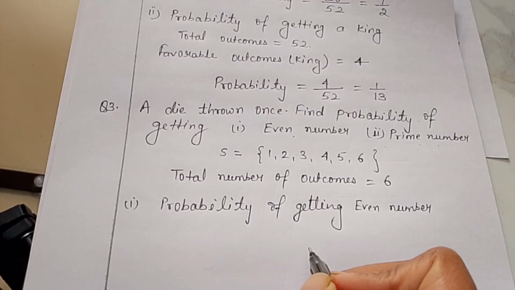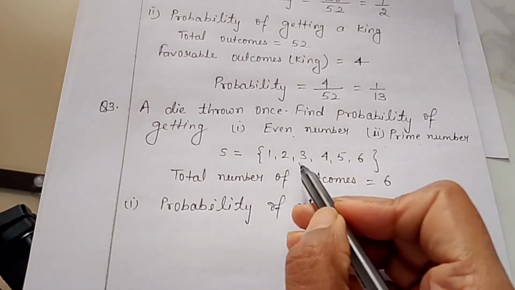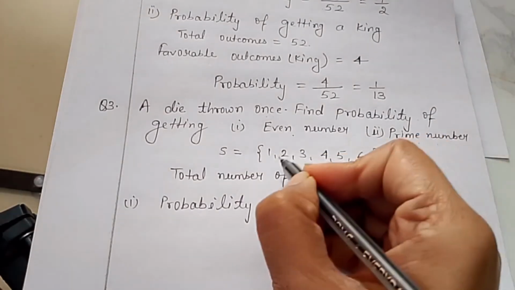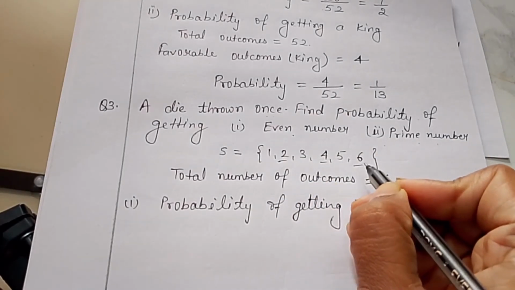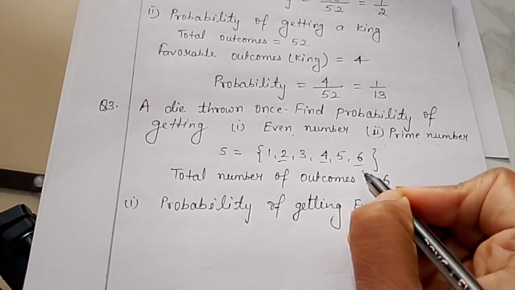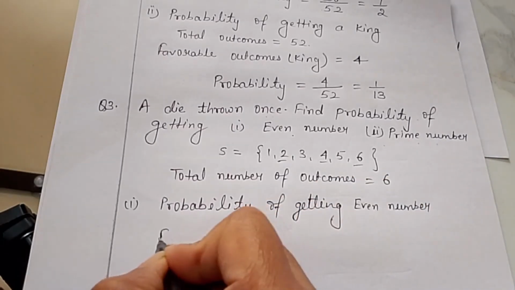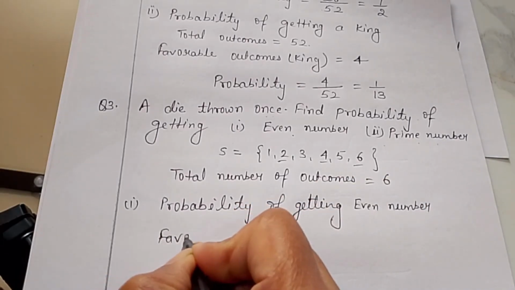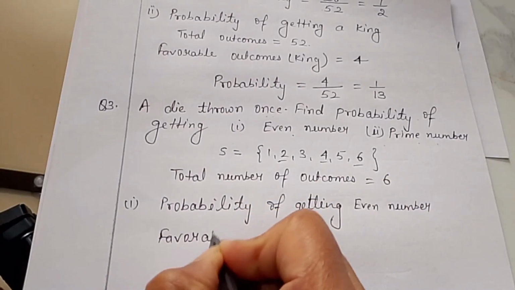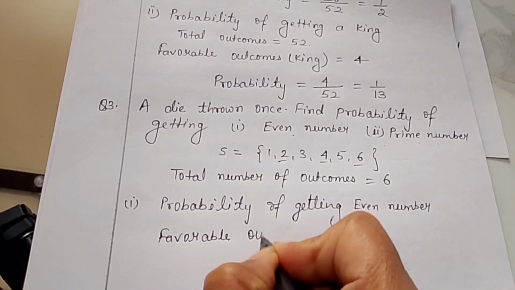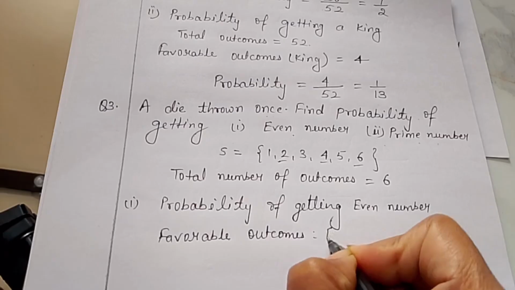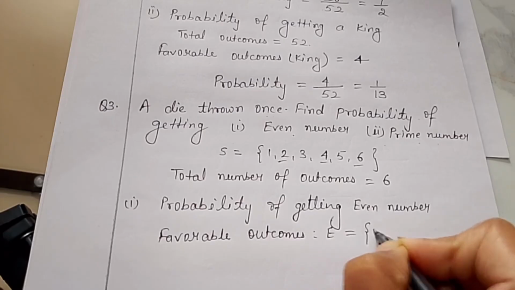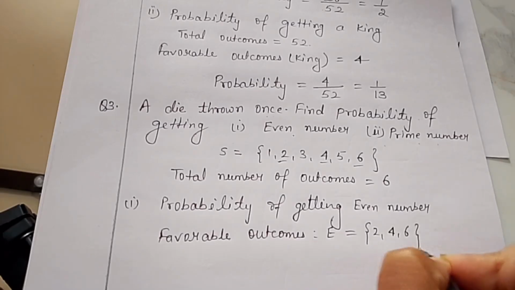Step 2 is calculating the probability of an even number. Now let's look for even numbers. In that set we have 2, 4 and 6. That gives us 3 favorable outcomes. Favorable outcomes E is equal to 2, 4, 6.